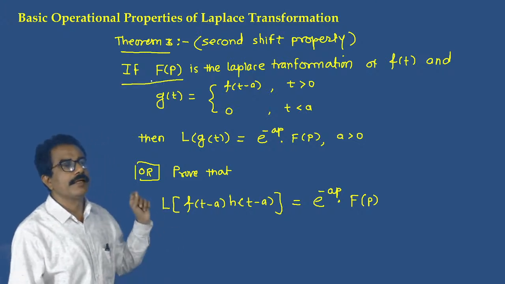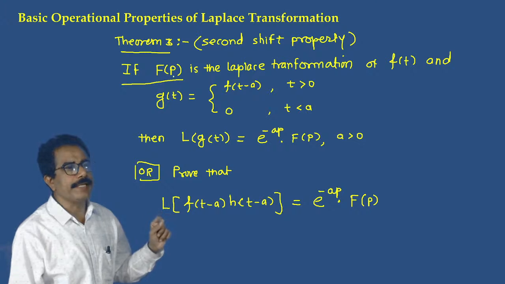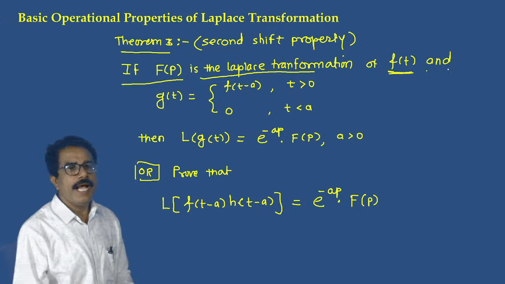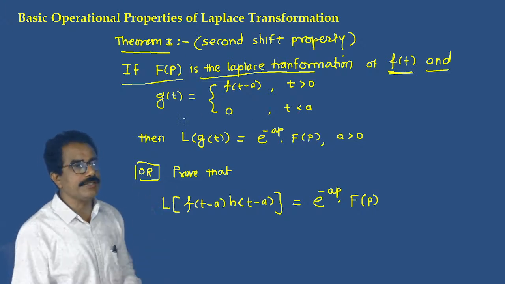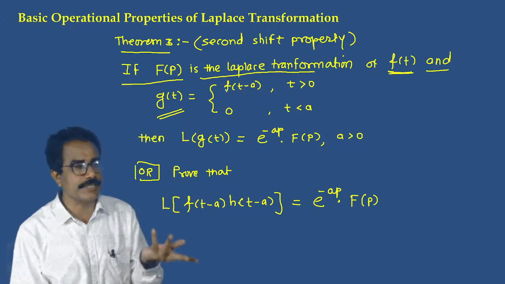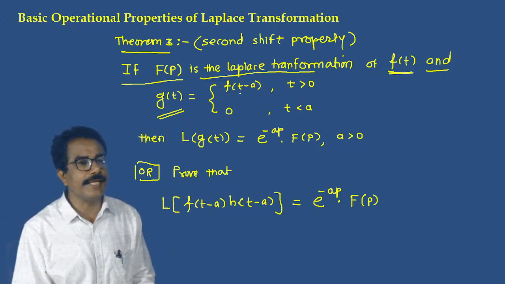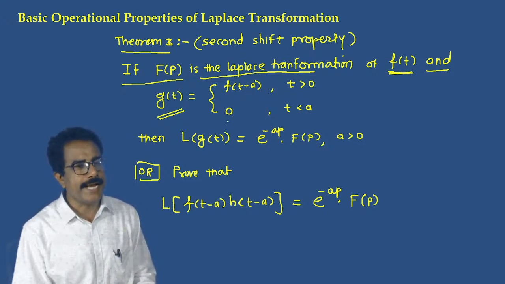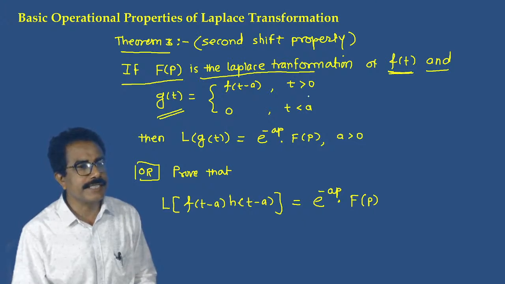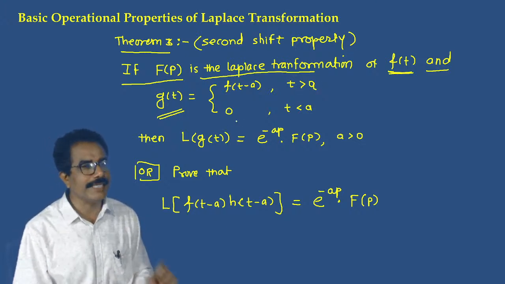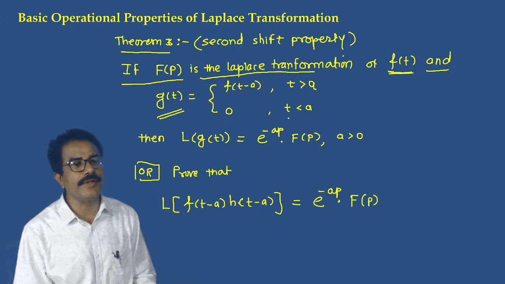If capital F of p is the Laplace transformation of small f of t, and we consider the function small g of t, which is also a step function, equal to f of t minus a if t is greater than a, and g of t is equal to 0 if t is less than a.